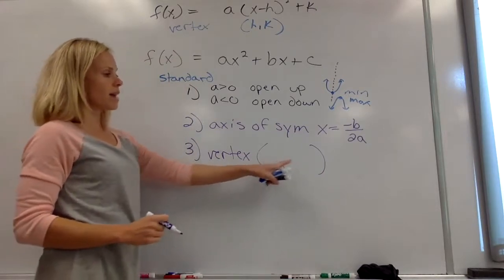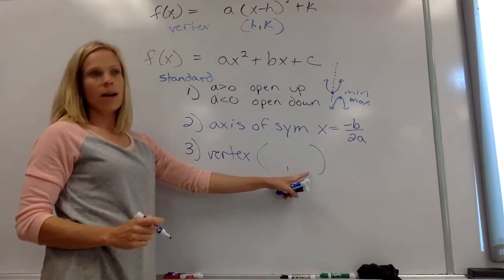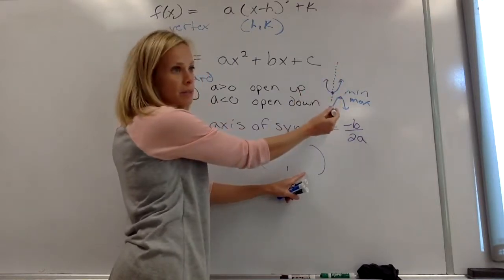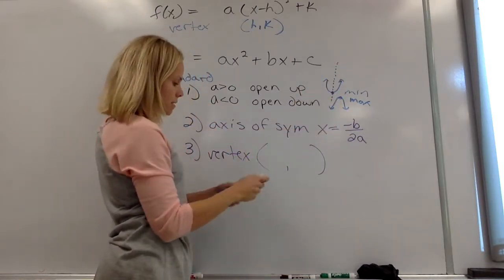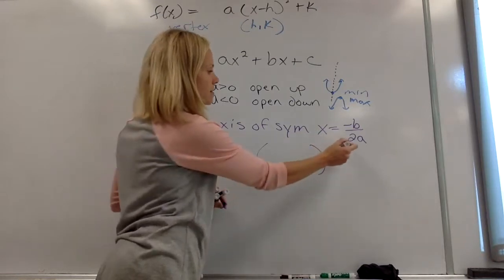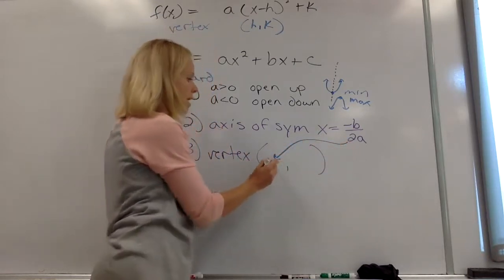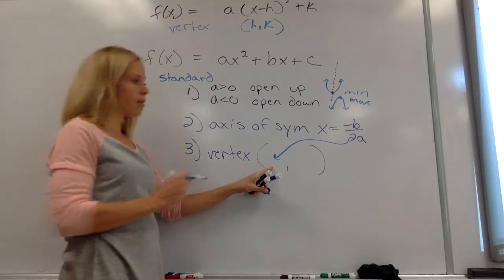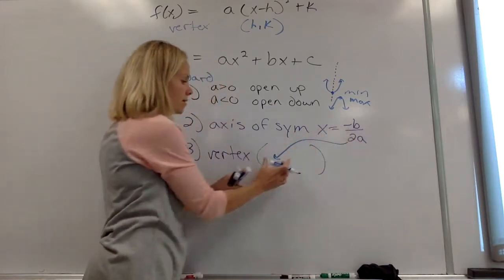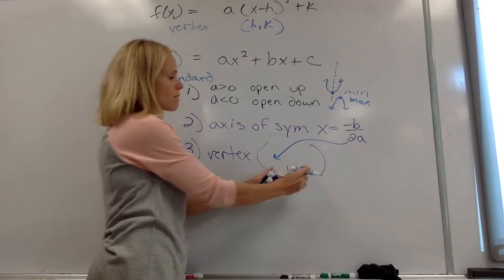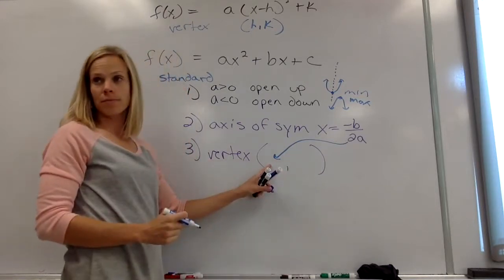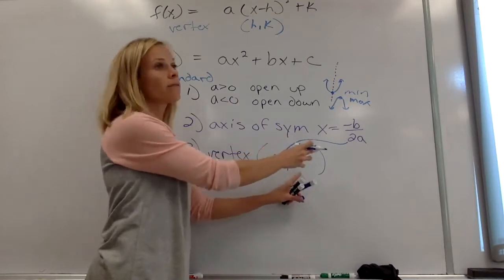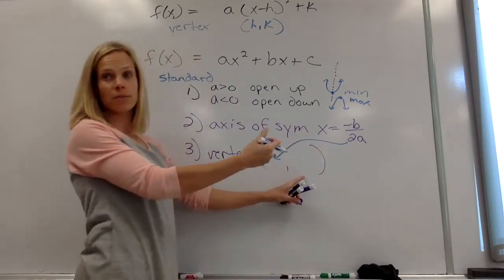Then we have the vertex. And a vertex is an xy point. I know that the vertex is always on my axis of symmetry. So whatever number I get here for my axis of symmetry is going to be the x value of my vertex. Now, if I have this x value of my vertex, how do I find the y value? If I have the input, the x value, how do I find the output, the y value?